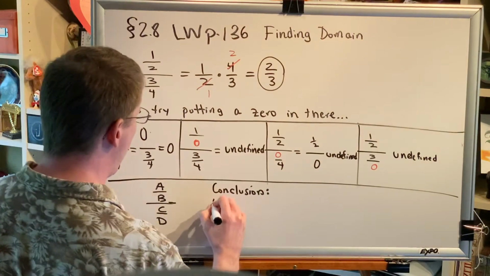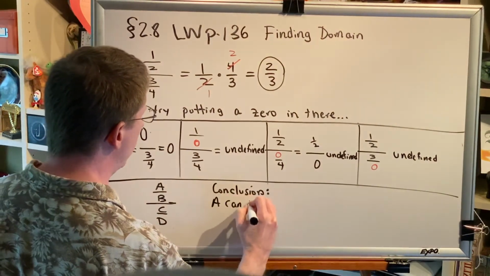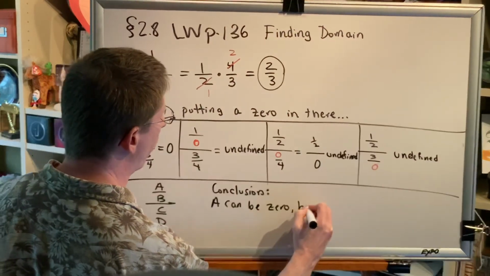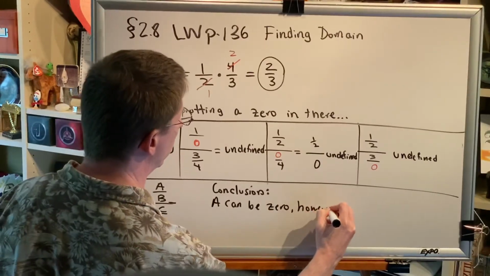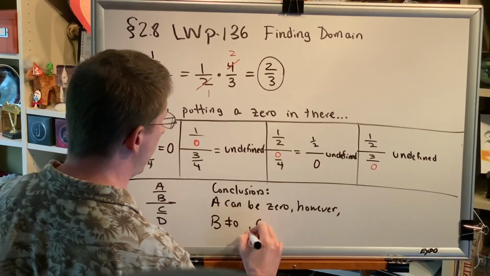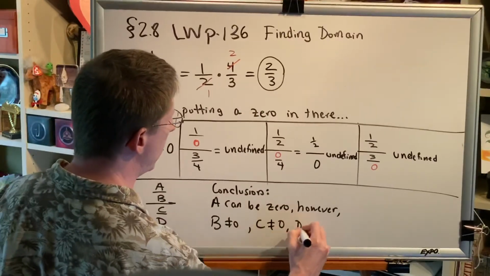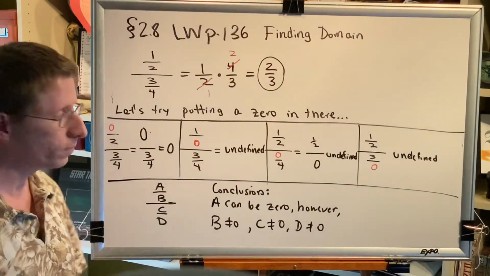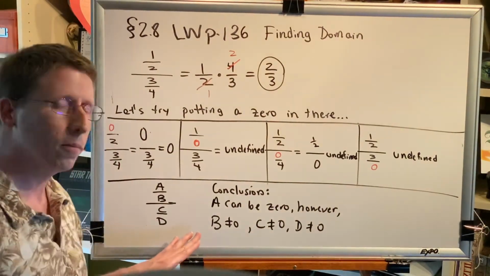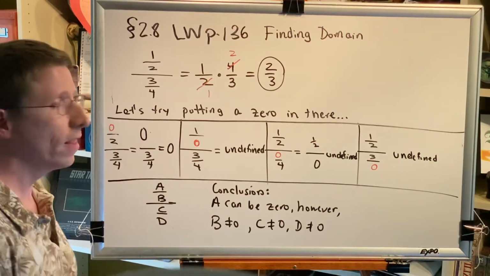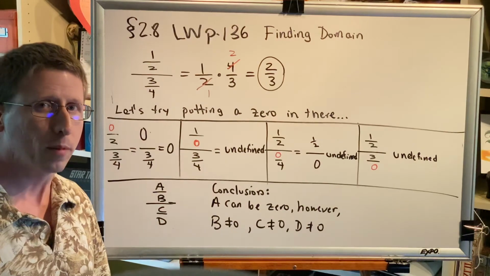So, A can be 0. However, B, C, D cannot equal 0. This very important conclusion will help us solve problems effectively in the next series of problems we're about to complete.